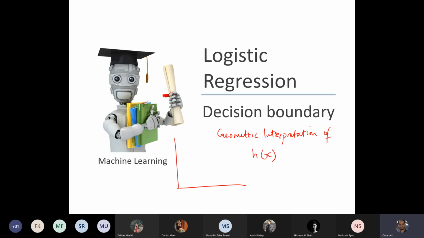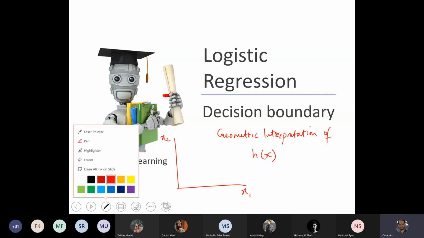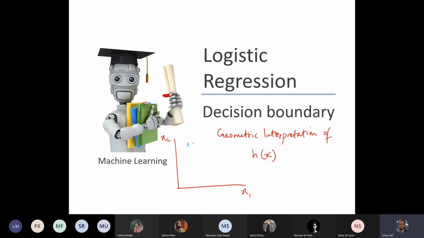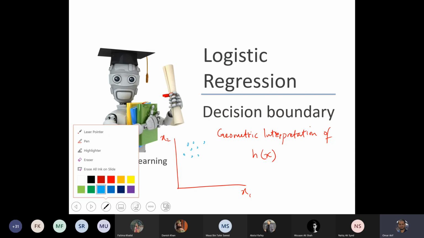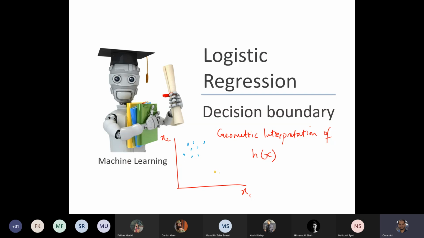For example, if this is my data, where this is the first feature and this is the second feature, I'm talking about a data set in which I have two features and two classes. For example, this is a data set from one class, and similarly I have a data set from another class which is here. So this hypothesis is going to give me some boundary, some line.